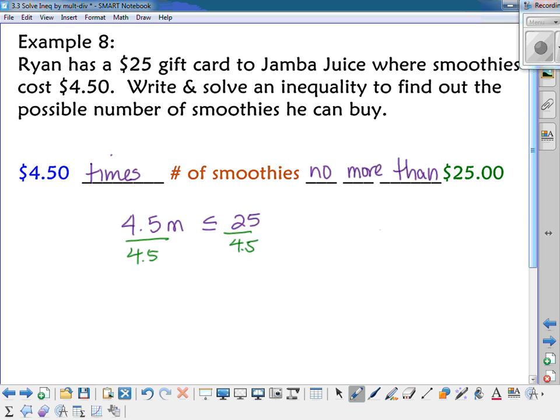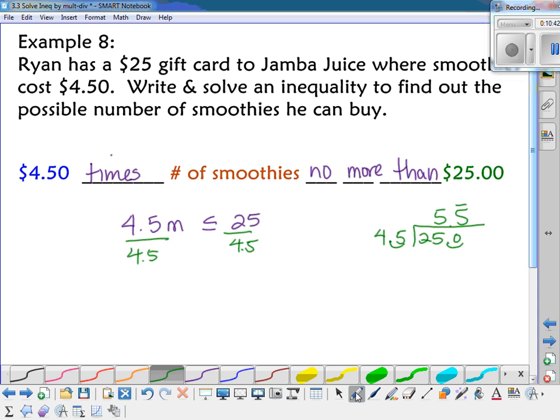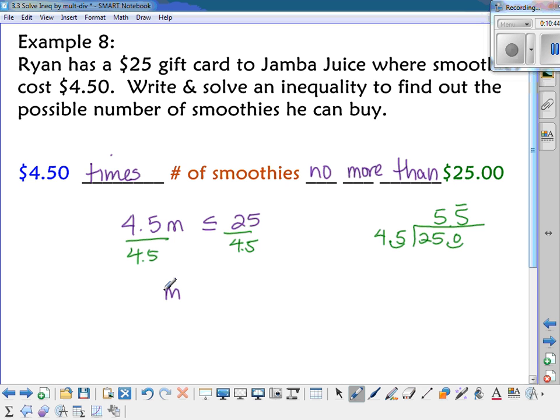Okay, so that means we're dividing 4.5 into 25. And because of our decimal, we move it over 1. And you end up getting 5.5 with the repeating decimal. Okay, so you end up getting that m is less than or equal to 5.55555 forever.